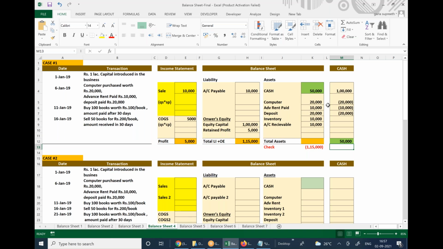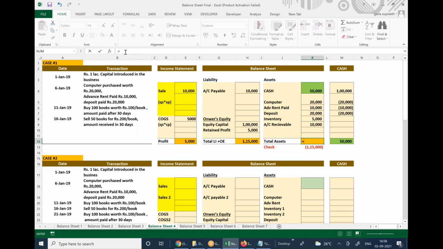Right now, that's a good way of finding out. Right now, you have sold 50 books, right? So in your storeroom, you do not have 100 books. You only have 50 books at this point of time. So then your inventory, 100 books, will become now 50 books. And enter.